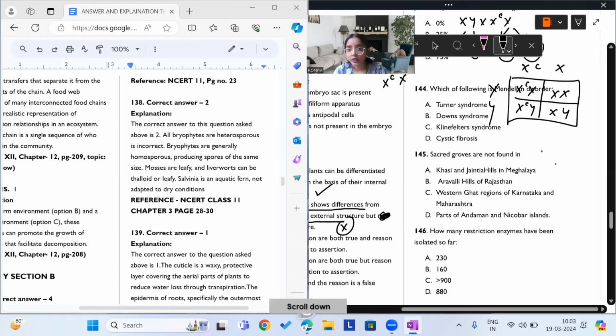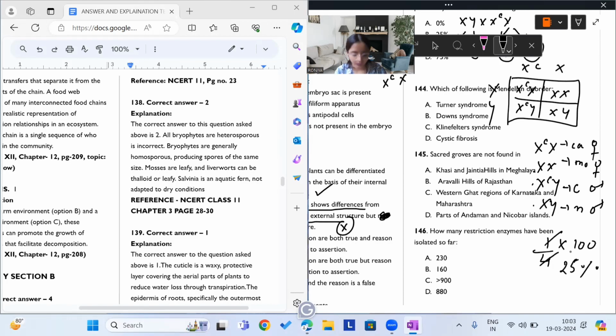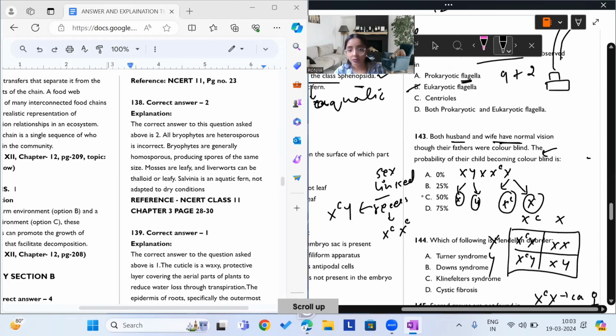We got XCX, XX, XCY, XY. This is carrier female. This is normal female. This is colorblind male. This is normal male. As you can see, out of the 4, only one is colorblind. So the ratio of colorblindness in the generation would be 25%. So the answer to this question is the second option.